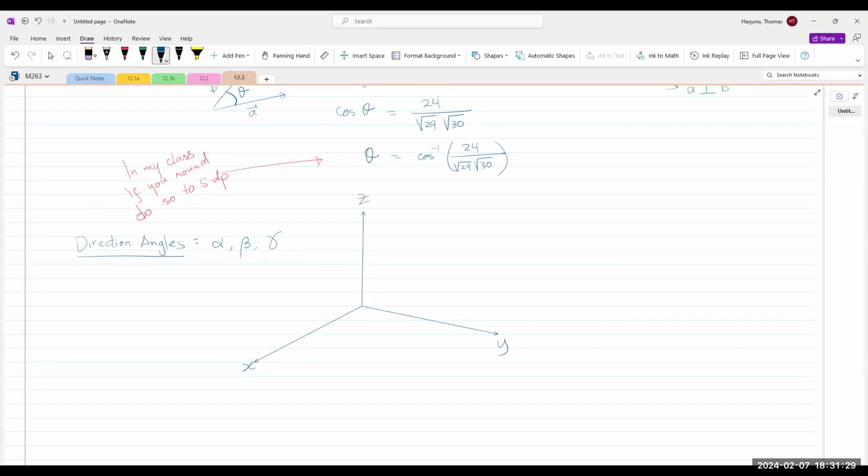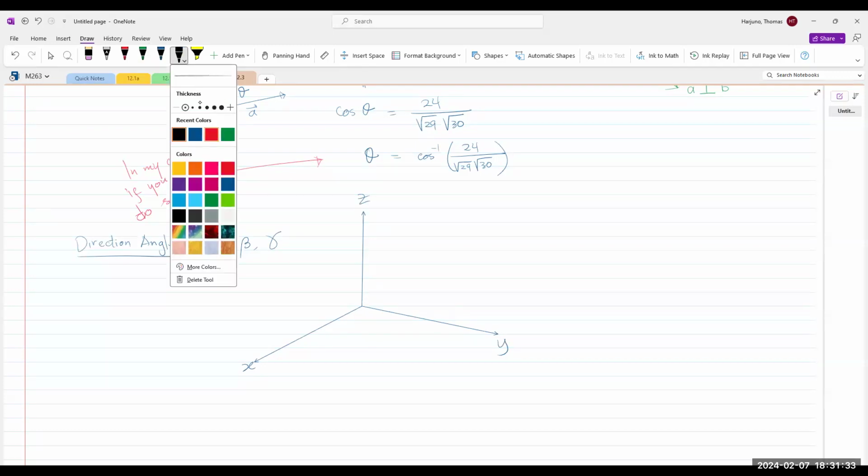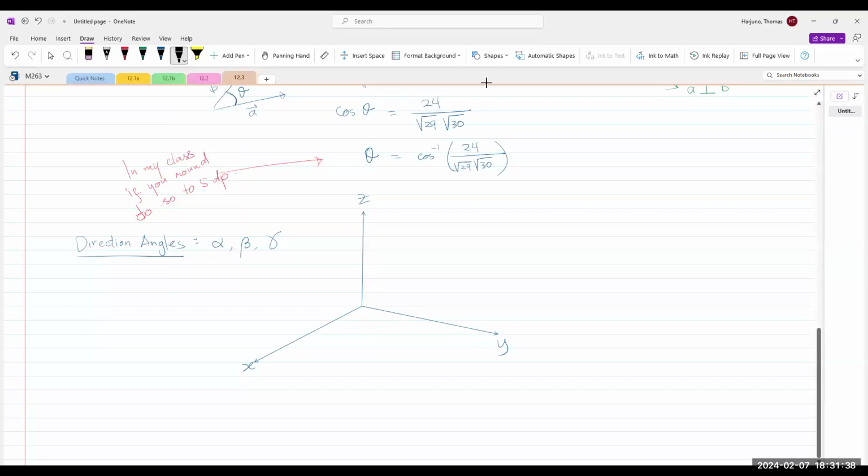And you have a vector sticking out. Let me make it a bit thicker. We have a vector sticking out like this. I cannot really tell where that vector is actually pointing. Is it pointing behind the YZ plane or in front of the YZ plane? It's not clear.